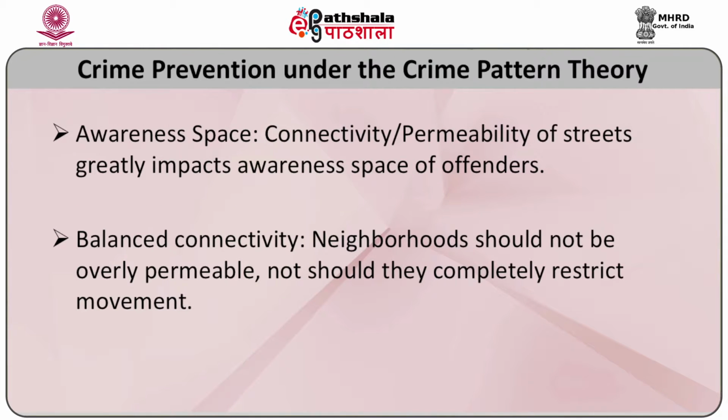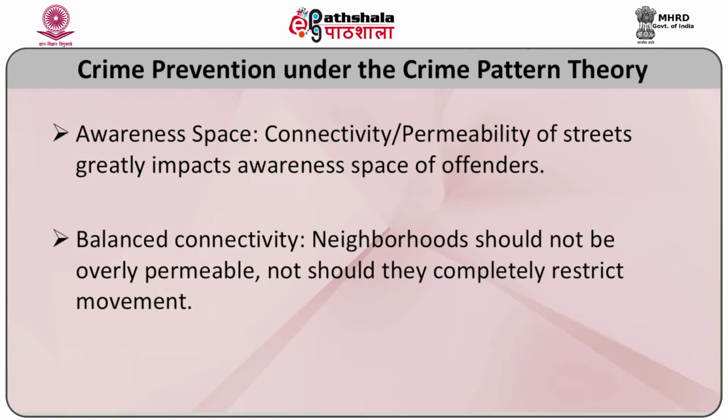Crime prevention under the crime pattern theory. Crime pattern theory attempts to achieve crime prevention through the following strategies. Awareness space: connectivity or permeability of streets greatly impacts awareness of space of offenders.